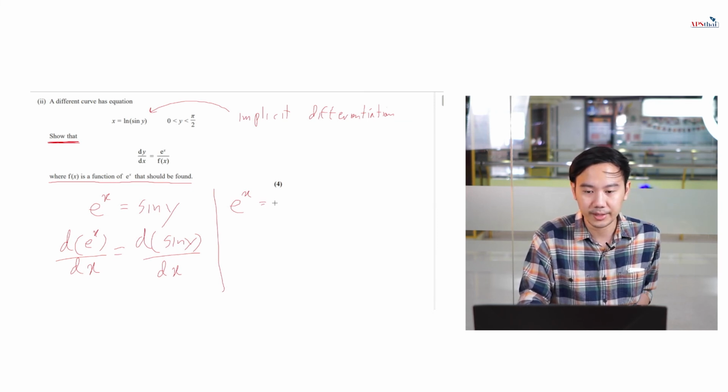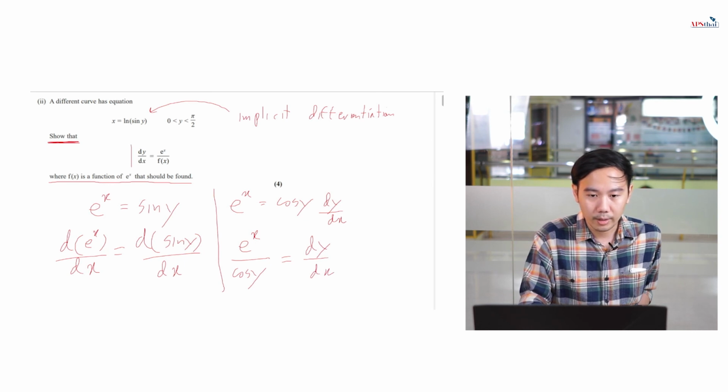So when you differentiate sine y, you get cosine of y, and since this is kind of a chain rule applied here, you also have to differentiate y inside, which gets you dy by dx. So if I move cosine y to the other side, I'll get e to the x over cosine of y, and that's going to equal dy by dx.